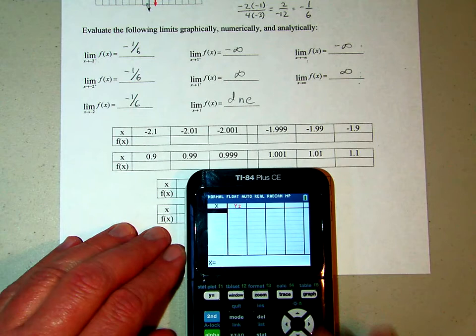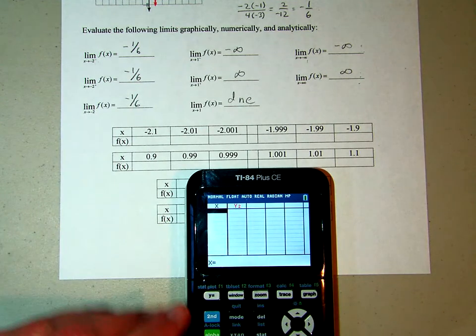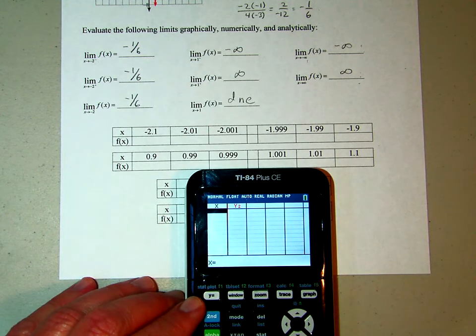So -2 coming from the left, values we can use: -2.1, -2.01, -2.001. That's all they asked us for in terms of filling in this little table.